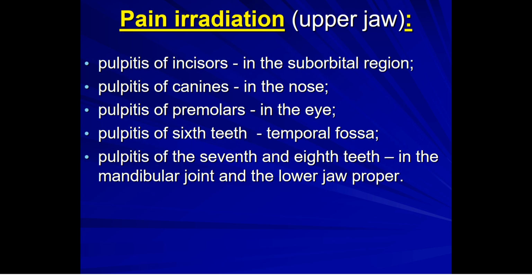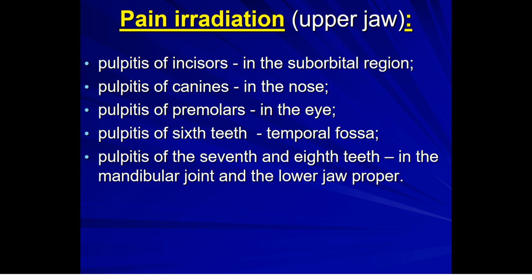And for the pain irradiation for the upper jaw. Pulpitis of incisors, irradiation to the suborbital region. Pulpitis of canines, in the nose. Pulpitis of premolars, in the eye. Pulpitis of sixth teeth, temporal fossa.